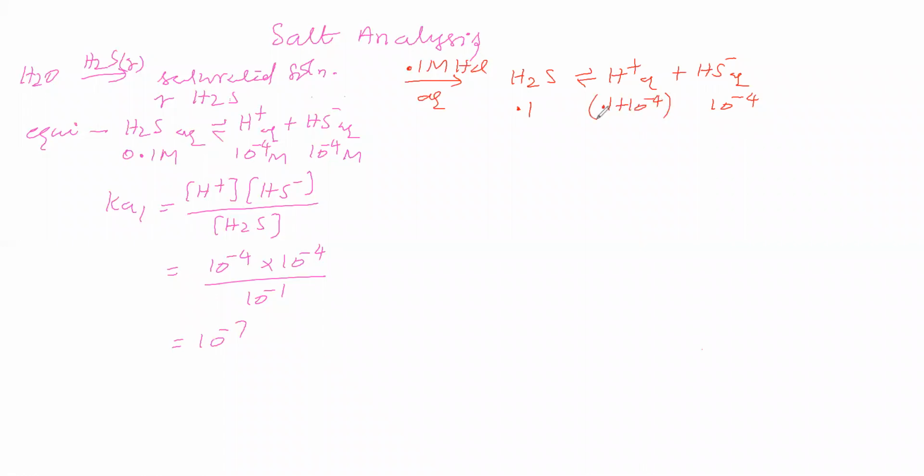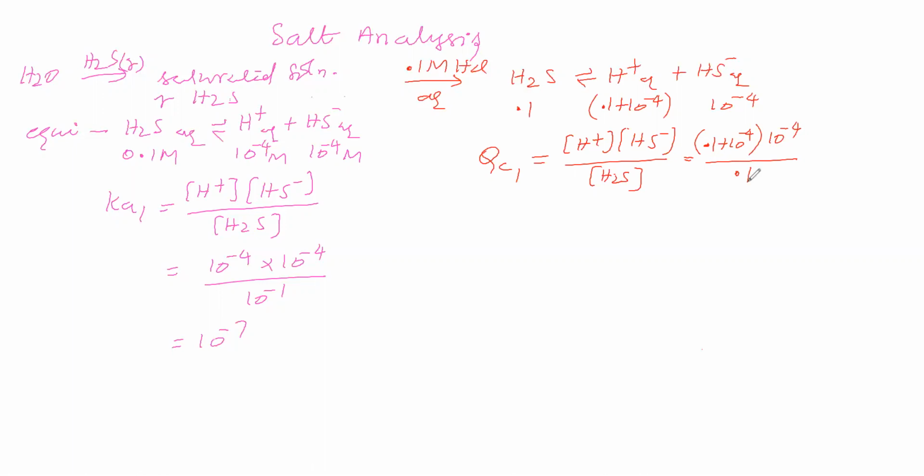Now we have to check whether the system is in equilibrium or not. To check that, we have to take Qc. Qc is equal to concentration of H plus, concentration of HS minus by concentration of H2S. Now we substitute H plus concentration 0.1 plus 10 power minus 4, HS minus concentration 10 power minus 4, H2S is 0.1.